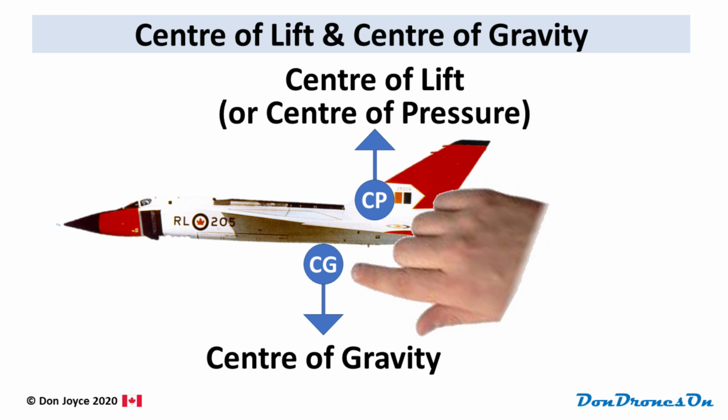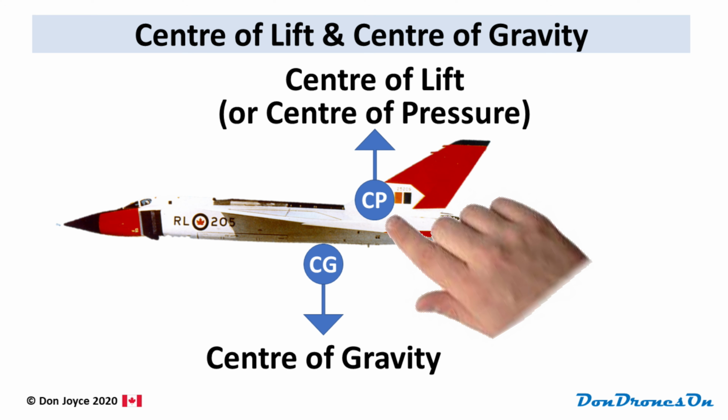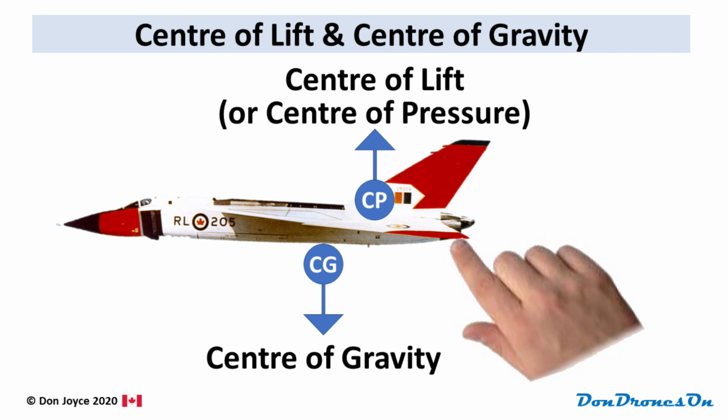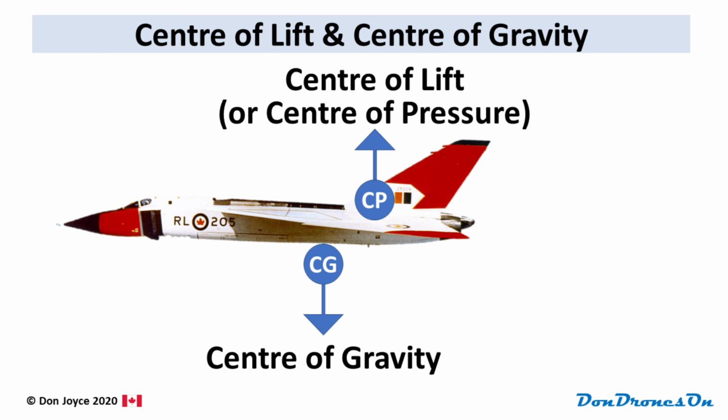For nice stable flight in a normal fixed wing aircraft, you generally want the center of gravity to be a little bit ahead of the center of lift. This allows your tail section to be optimally used to control your pitch. But wait, that's a whole other story. And let's get into that in the next video.